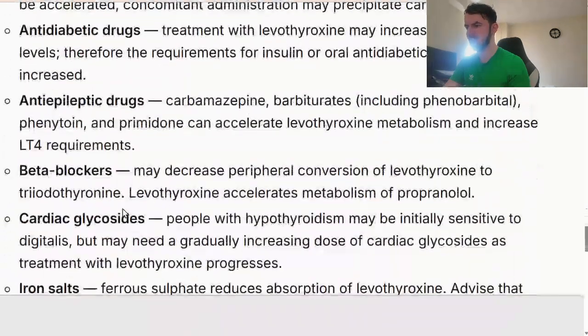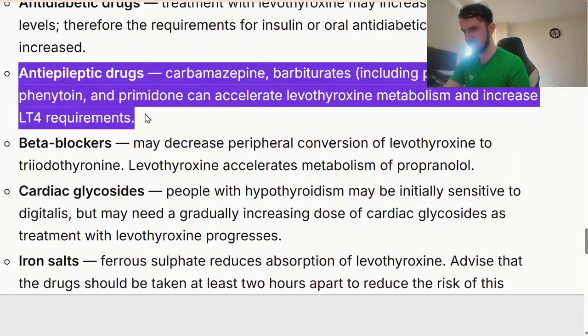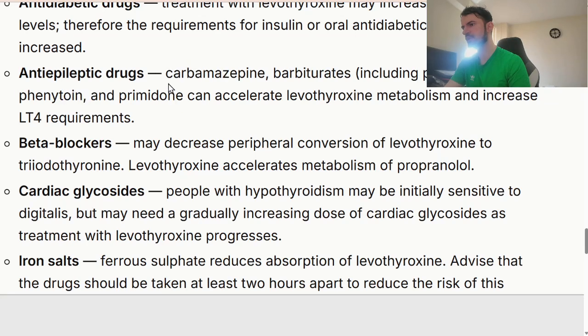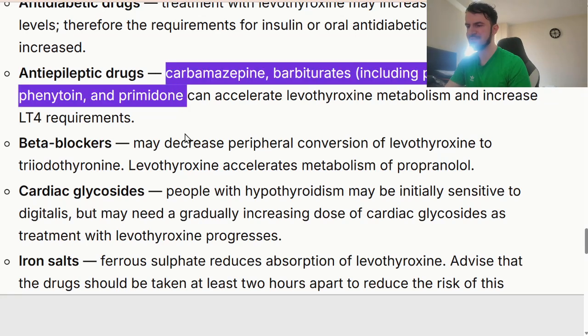So let's pay attention to anti-epileptic drugs. This is very important. Anti-epileptic drugs such as carbamazepine and barbiturates, which are more old-fashioned anti-epileptic drugs, are very important when it comes to the GPhC exam. Phenytoin, primidone. The reason why you should pay attention to carbamazepine, phenytoin, and primidone is because these are category 1 anti-epileptics. These are the anti-epileptics that need to be prescribed by brand, and they can accelerate levothyroxine metabolism and increase levothyroxine requirements.